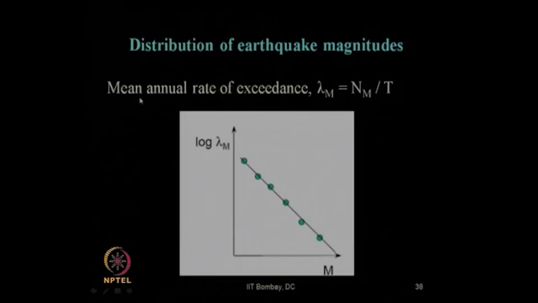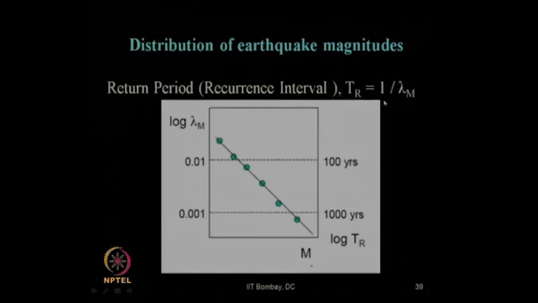This shows the number of occurrences on a per year basis. So, if we invert it, we will get in how many years that magnitude will occur, right. So, that gives us the return period or recurrence interval T r.